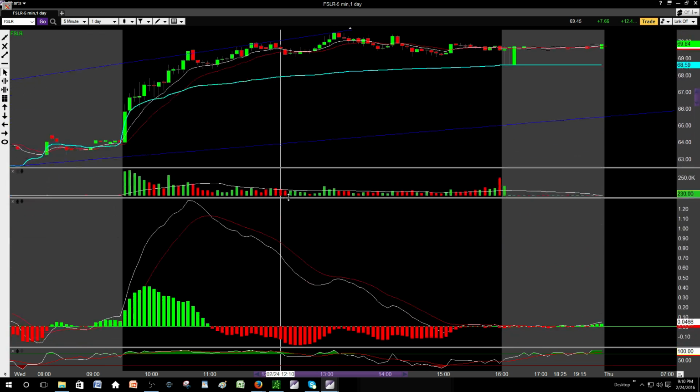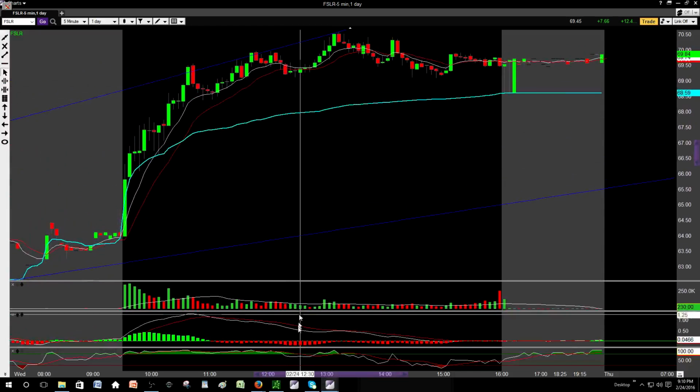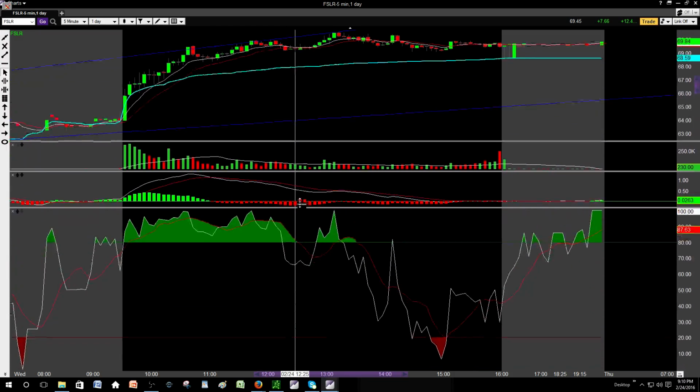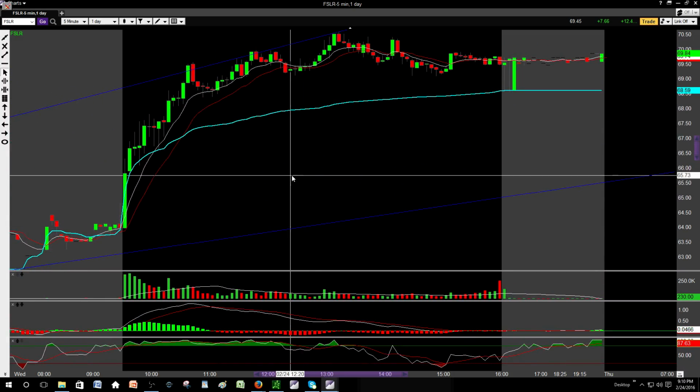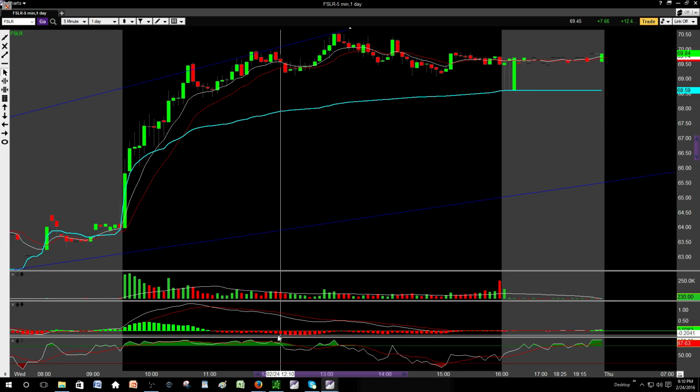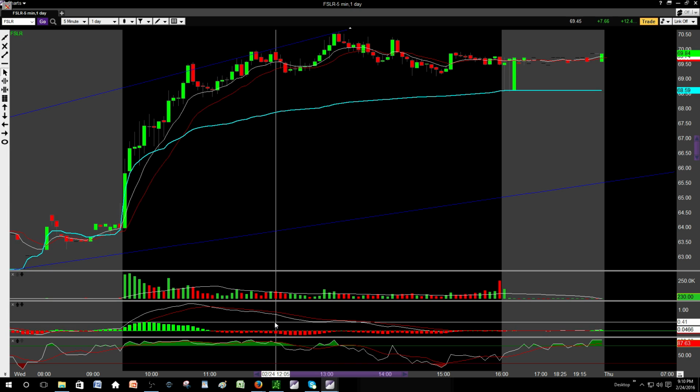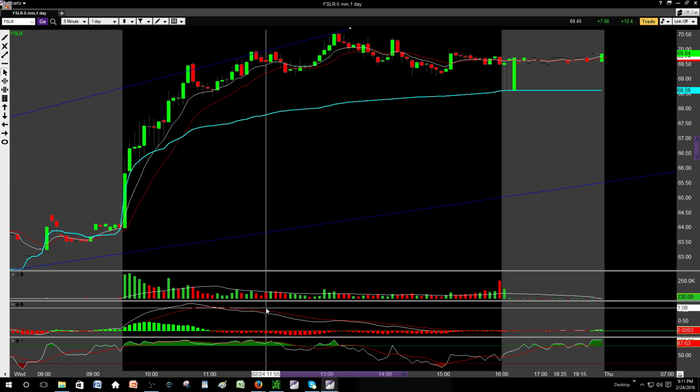Then I do use the MACD, that's right there, and I do use the stochastics, that's right there. A lot of people don't use indicators. A lot of people don't care to use indicators. I do. I don't think it bothers me. If it was something in my chart that bothered me, I'd probably say, okay, I don't want to use it. But it really doesn't bother me as much.